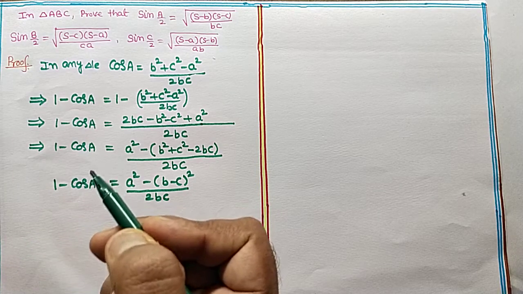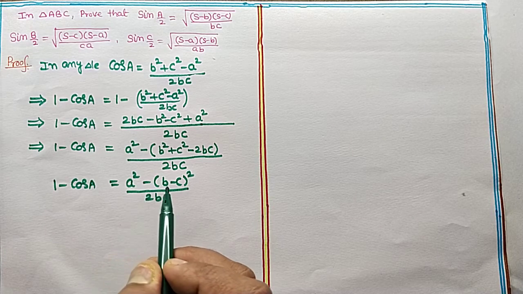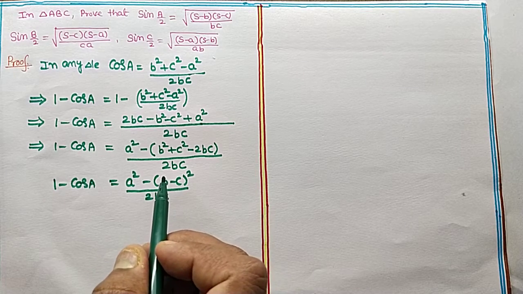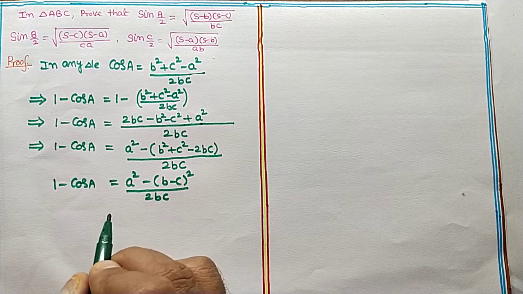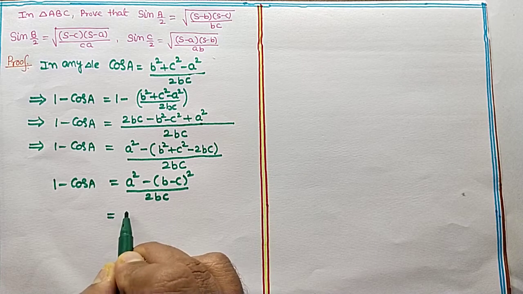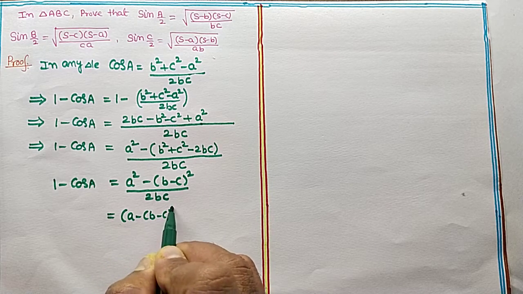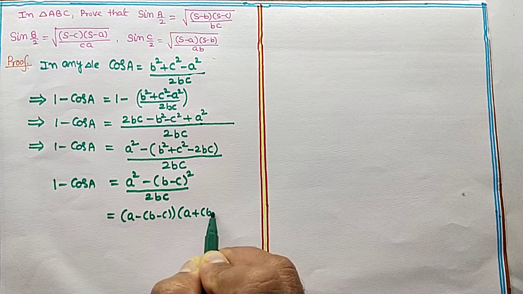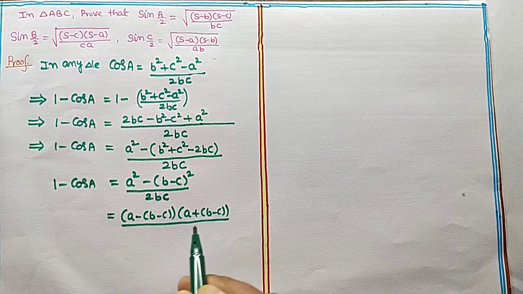And one more thing: it is in the form of x square minus y square, which is (x minus y) into (x plus y). See here, a minus (b minus c) into a plus (b minus c), divided by 2bc.